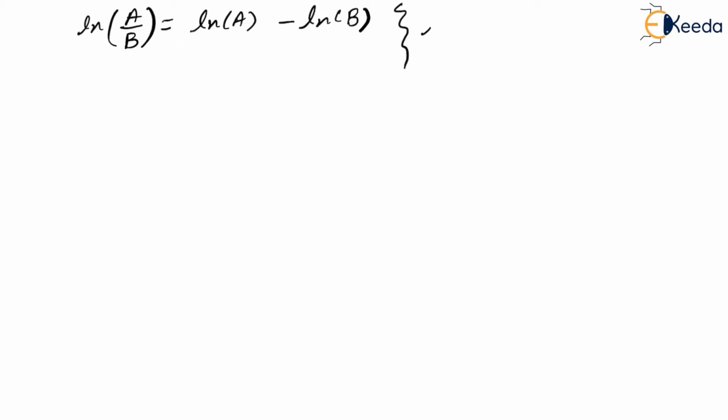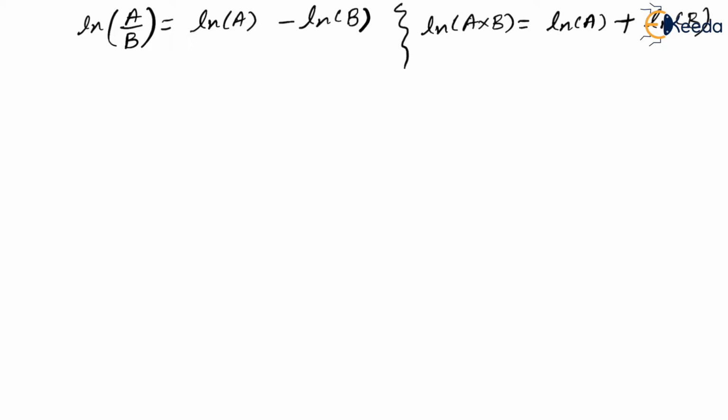We know that there is a formula. We have learned it in our 12th standard probably, that ln of a by b is equal to ln of a minus ln of b. Similarly, another formula we also know: ln of a into b is nothing but ln of a plus ln of b.